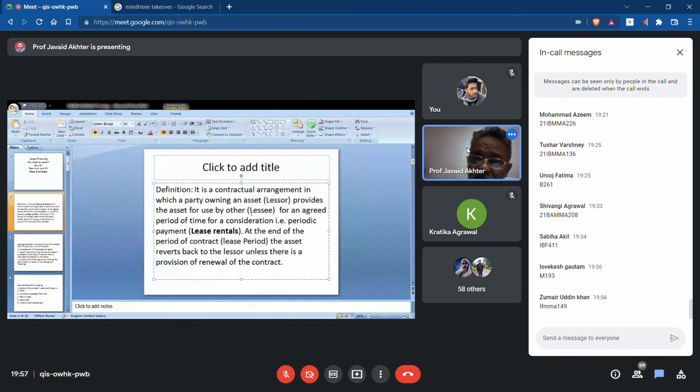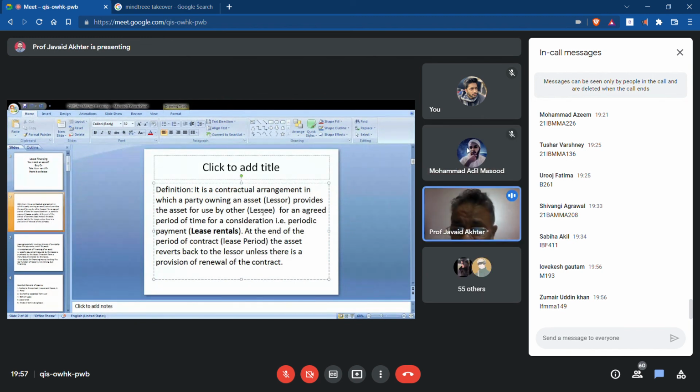So a contract is signed between these two parties. And at the end of each month or year, in fact it is monthly only, the rentals are paid by lessee to lessor. So this is in brief the theory of that. Shall I move ahead now?